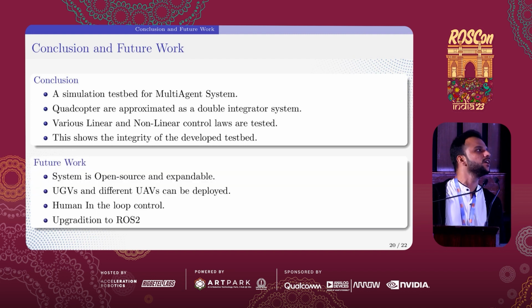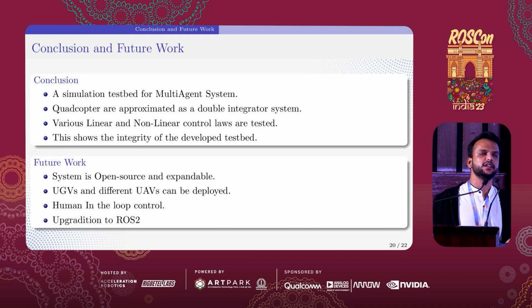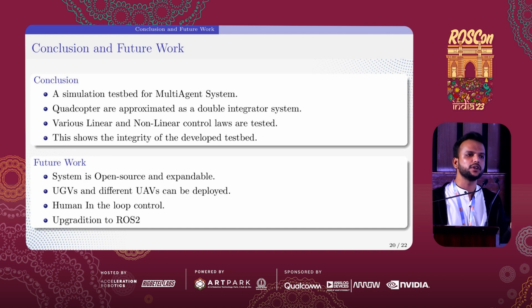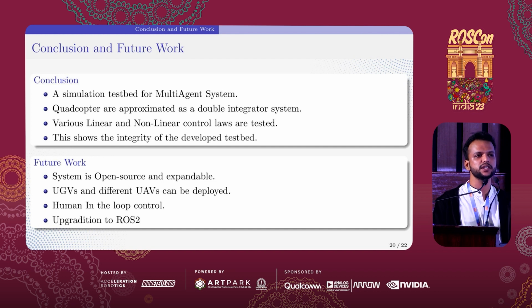Now, our future work. This is an open source project, so everyone is invited to contribute and expand it. We are also working towards a hybrid model where a few agents can be in the simulation and a few agents can be on real hardware. Like if you have a Crazyflie or any hardware drones, a few agents can be in Gazebo, and they will all be communicating with each other.